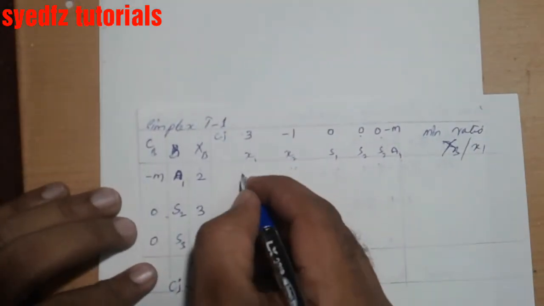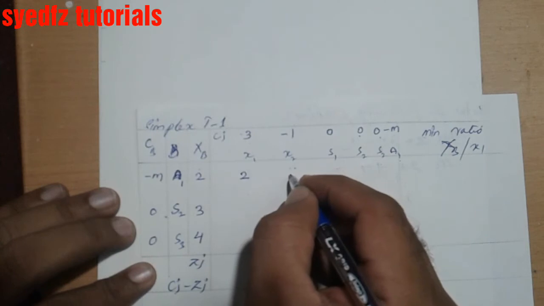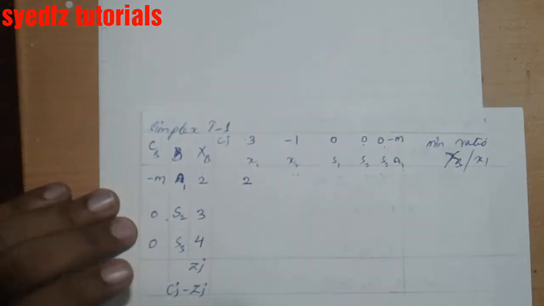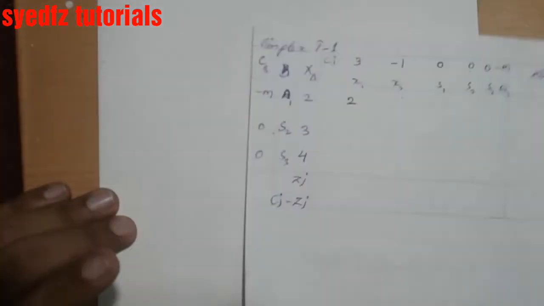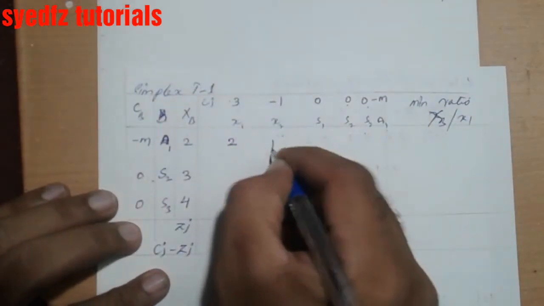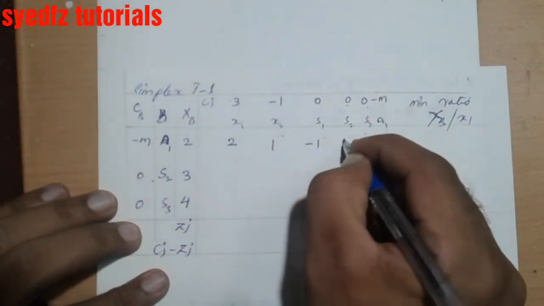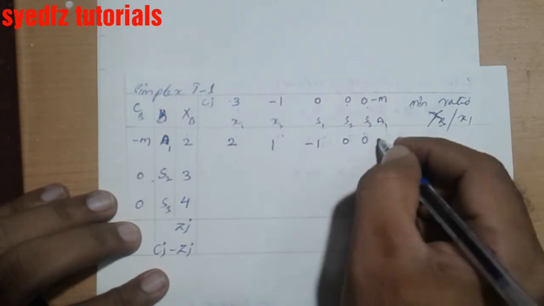Means here x2, in x1 is a 1, in s1 minus 1, s2, s3 is not there, so take 0, a is there, so take 1.